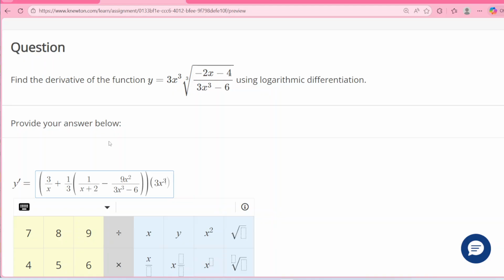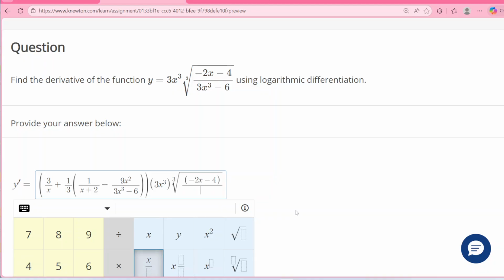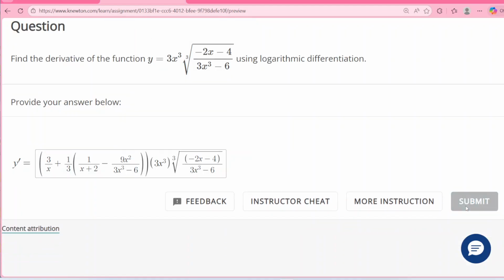That's 3x cubed times the cube root. There's a little thing on the keyboard here. Put the 3 there for the cube root. And then inside here, the negative 2x minus 4 in the numerator, 3x cubed minus 6 in the denominator, all inside that cube root. And that should be everything I had written down, times y.